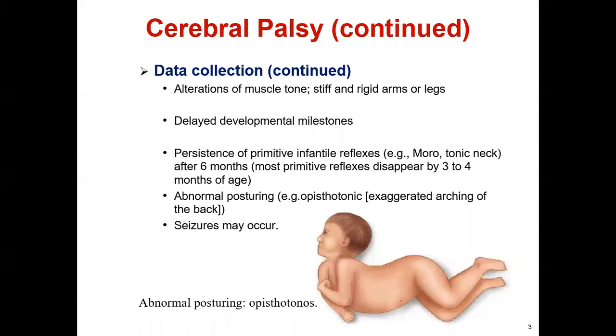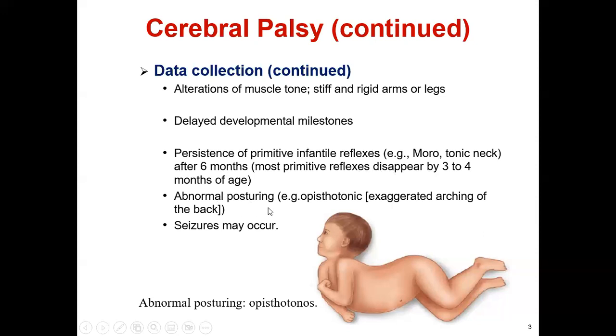Also, persistence of the primitive infantile reflexes after 6 months. So the baby who has Moro reflex, tonic neck reflex, it is okay before 6 months. If it persists even after 6 months, it is abnormal. And most primitive reflexes disappear by 3 to 4 months of age.